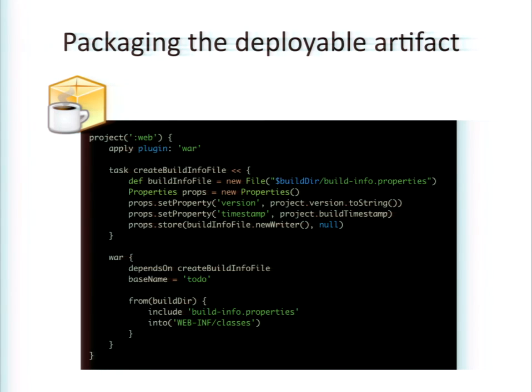And then this is the syntax in a war task, or more generally a Gradle copy task, for how you can include additional information in your war. So you just say, we write this build info properties right into our build directory. So we copy from the build directory, but include just this build info properties, and we copy into WEB-INF classes so that our web app can then easily read that properties file.